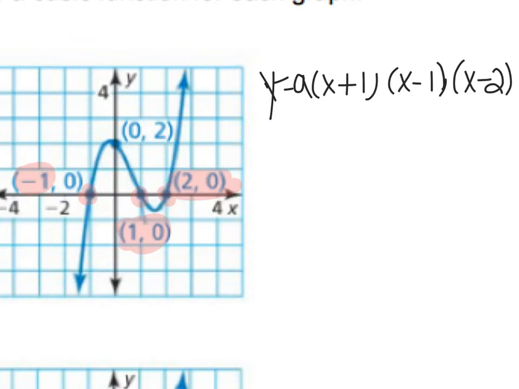Well, the other ordered pair that we know is at 0, 2, which means our x value is 0, our y value is 2. So I'm going to go back into my formula over here, and instead of y, I'm going to put 2.